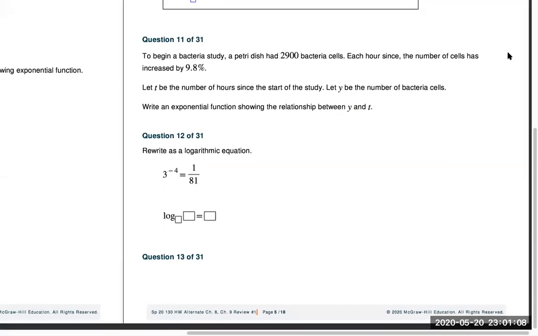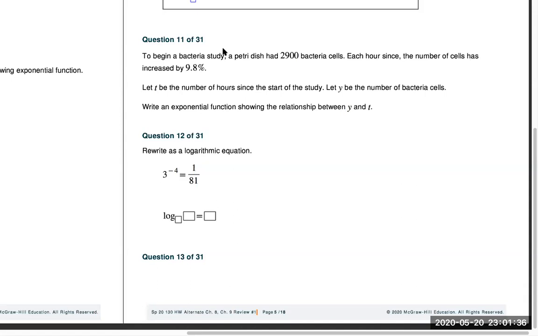Okay, so this next one, to begin a bacteria study, a petri dish had 2,900 bacteria cells. Each hour since, the number of cells has increased by 9.8%. Let T be the number of hours since the start of the study. Let Y be the number of bacteria cells. Write an exponential function showing the relationship between Y and T.